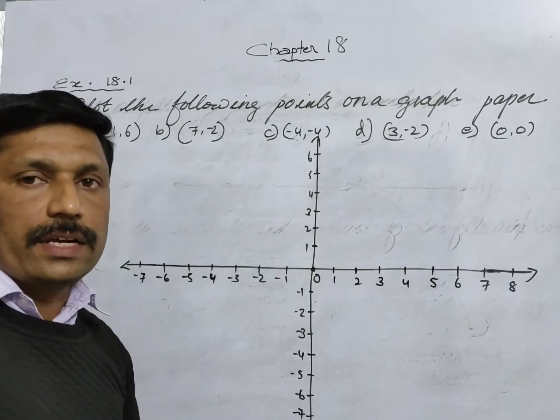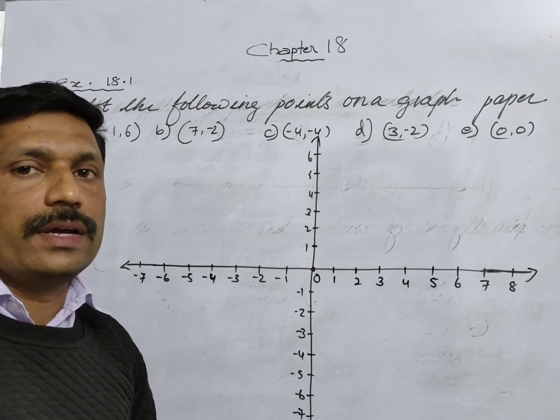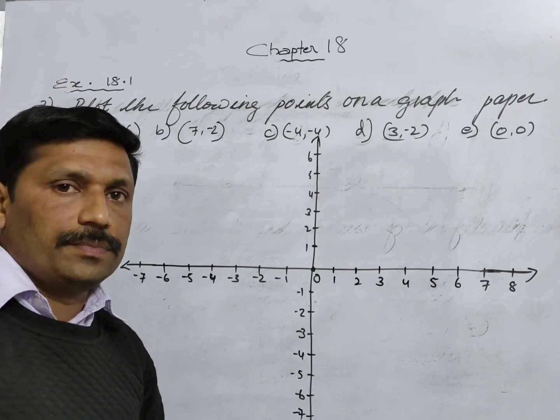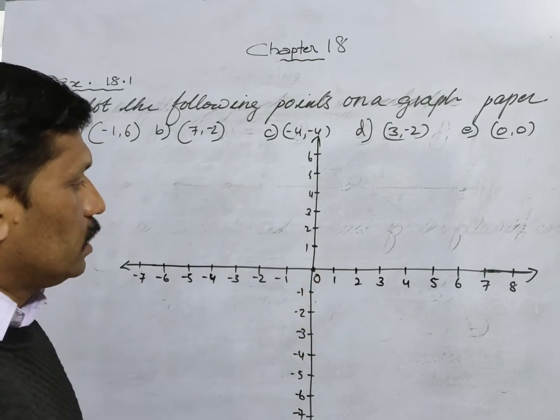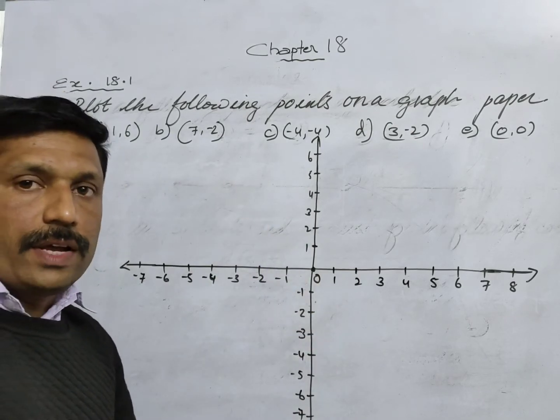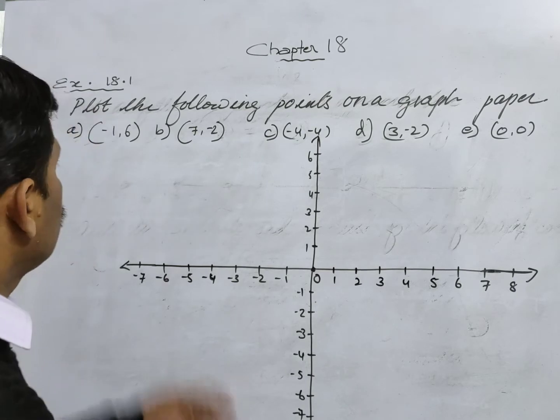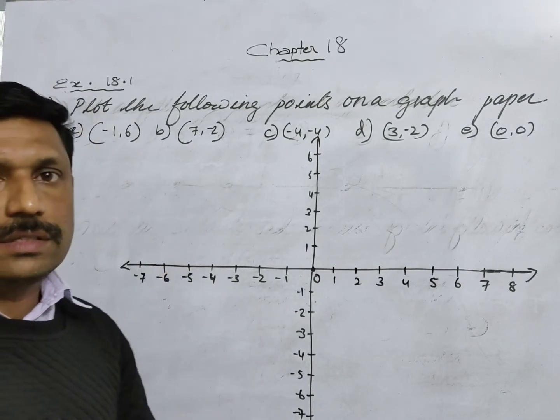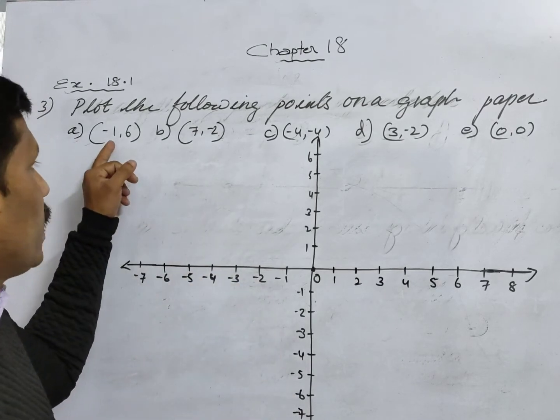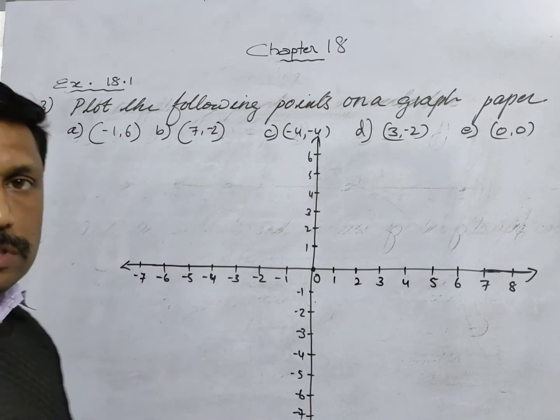Students, listen carefully to how to plot numbers on a Cartesian plane. Here I have drawn the plane. In your graph book, you have to draw this figure very carefully and neatly. First, point A (-1, 6). The x coordinate, abscissa, is negative and the y coordinate is positive.